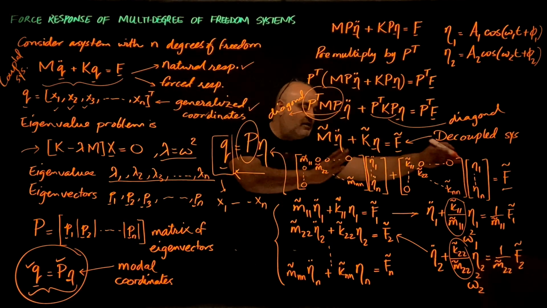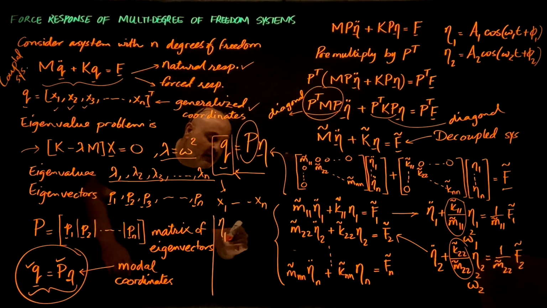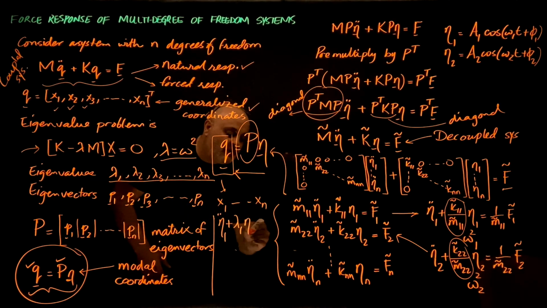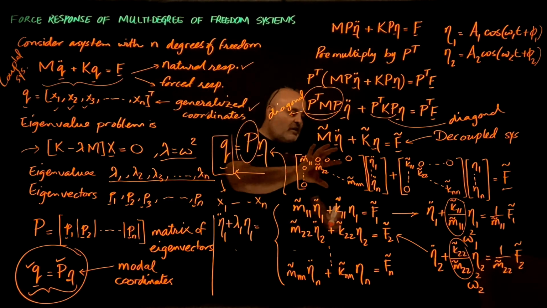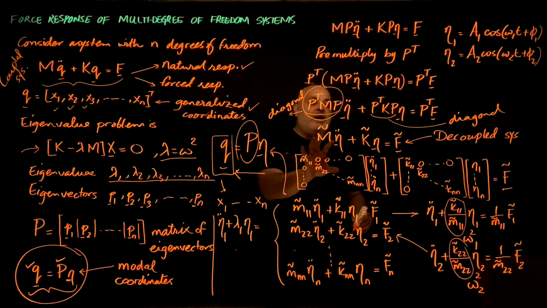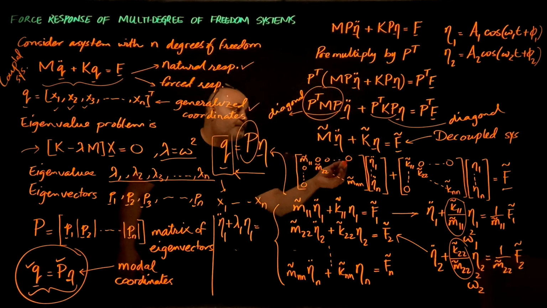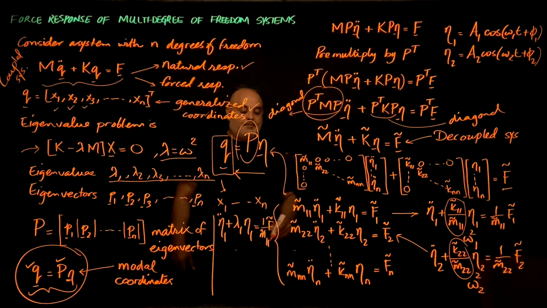Without looking at this derivation, I know that I will have an equation that looks like eta 1 double dot plus lambda 1, which is omega 1 squared, eta 1 equals, the only thing I need to do is create this M tilde so that I can divide by M11 tilde times F tilde.